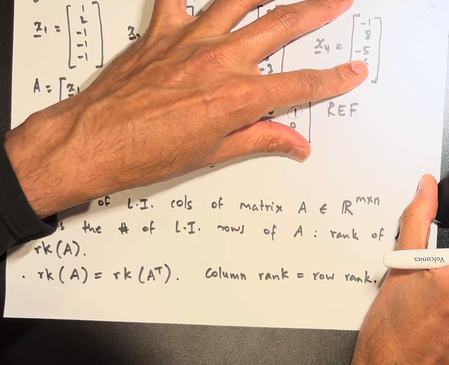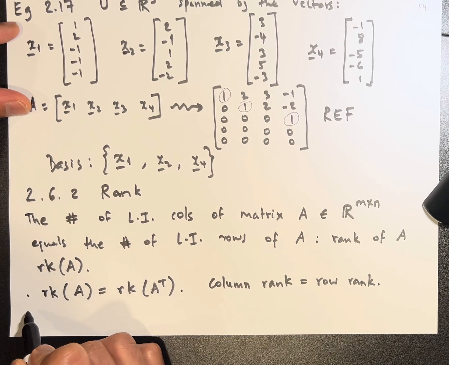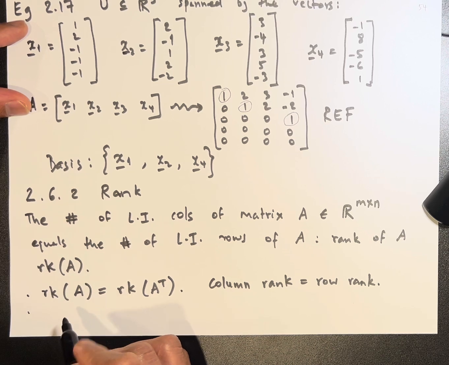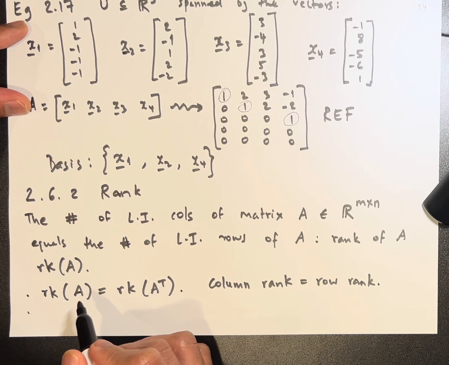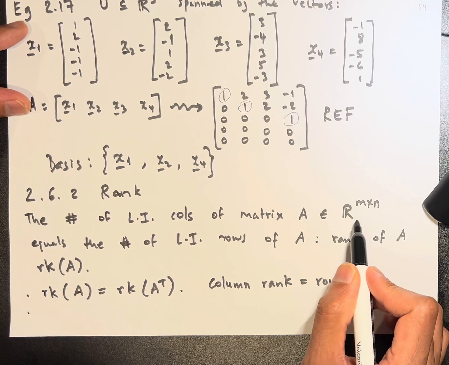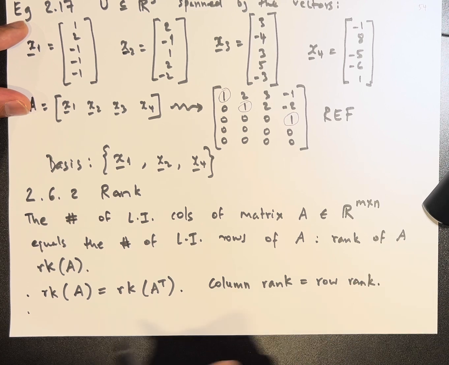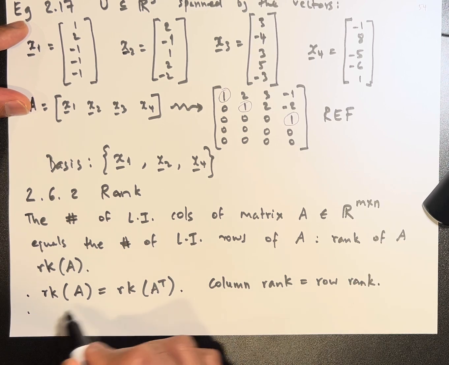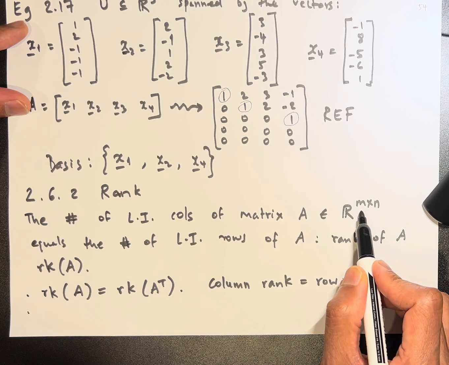Then the second remark in the book is the columns of A span a subspace U in Rm. Okay, so if you look at A in Rm by n, the columns are going to have m entries in them, right?